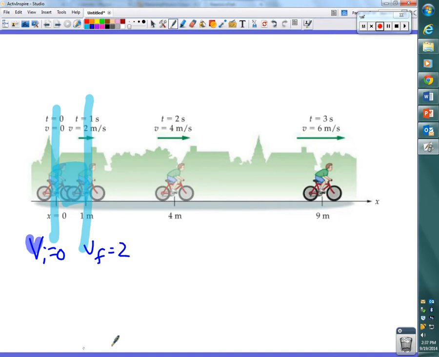If we add them together and divide by 2, that will give us the average velocity during a time when the velocity of the object is changing. Does that make sense? It works. Hold on to that.